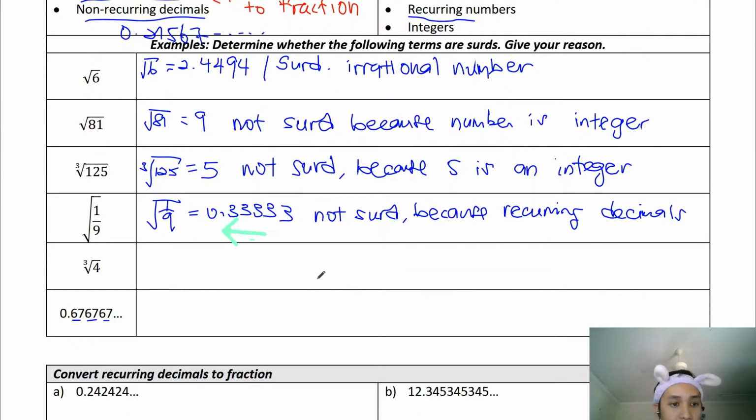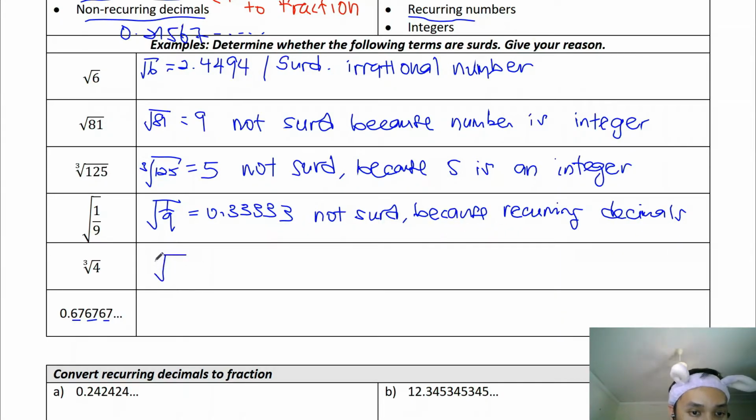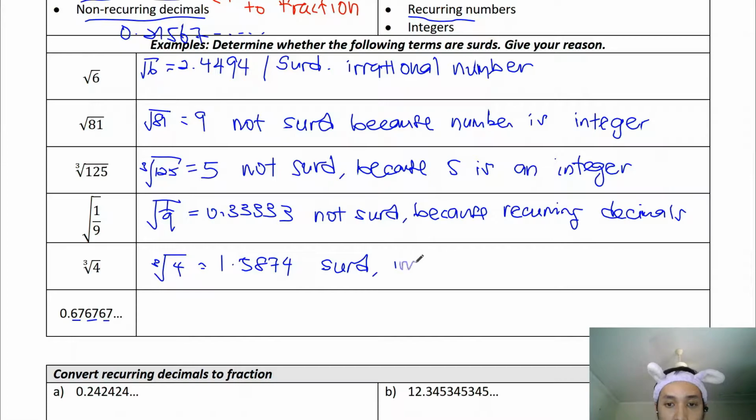What about Surd 4 to the order of 3? If you press it, you will get 1.5874 something. So this is a Surd because this is an irrational number.